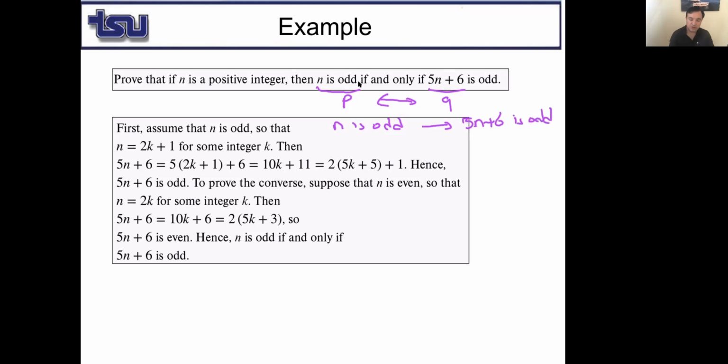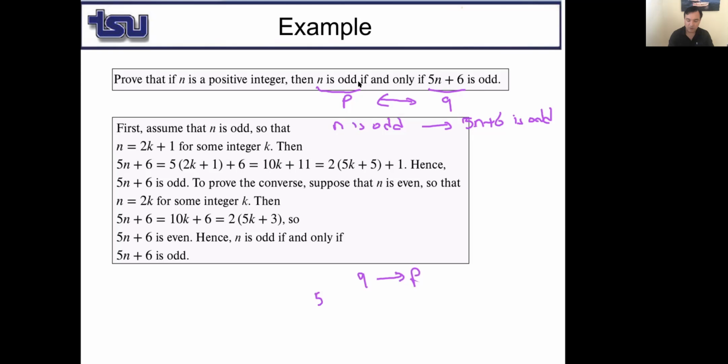That's trivial. If n is odd, n can be written as 2k plus 1, 5n plus 6 will be 5 times (2k plus 1) plus 6, and anyway, you can end up with a statement like 2 times r plus 1. So that means if n is odd, 5n plus 6 is odd. That's obviously true.